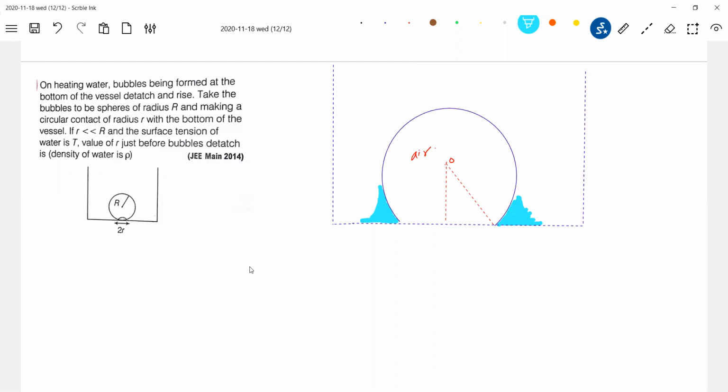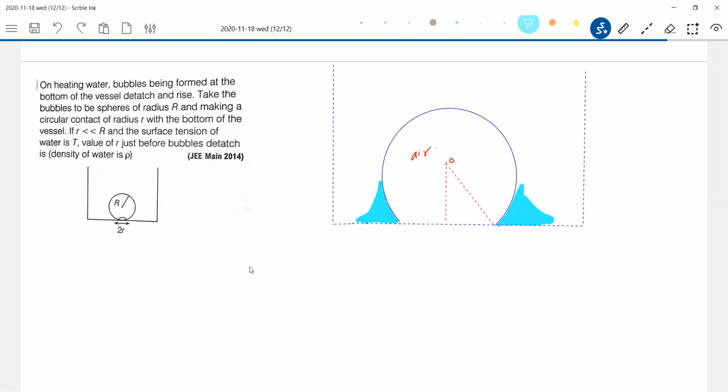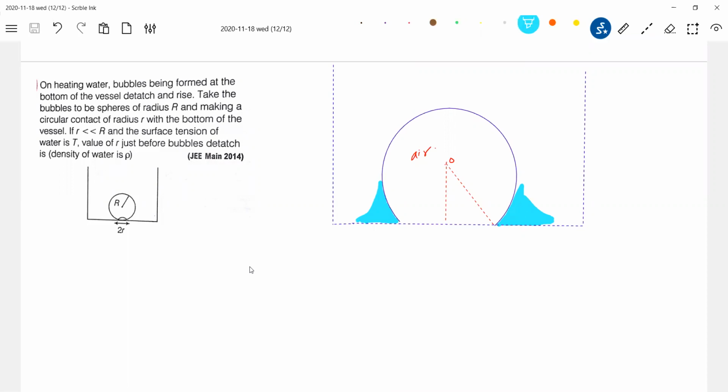I'm telling you, this surface tension chapter is very beautiful. You should have very good imagination. How will the diagram be? The 3D diagram also you should imagine. I think you imagine so many things of life around you. So why don't you imagine physics diagrams?